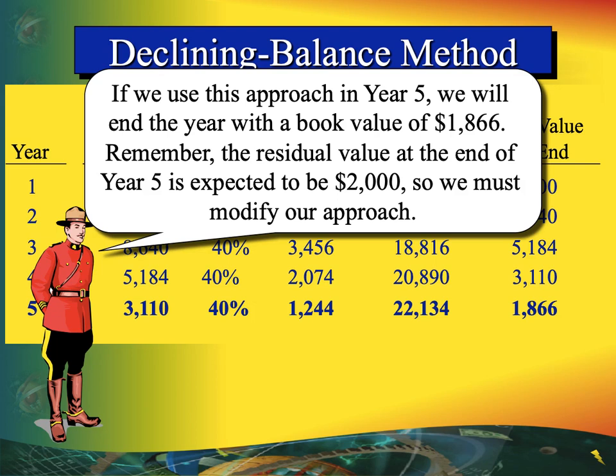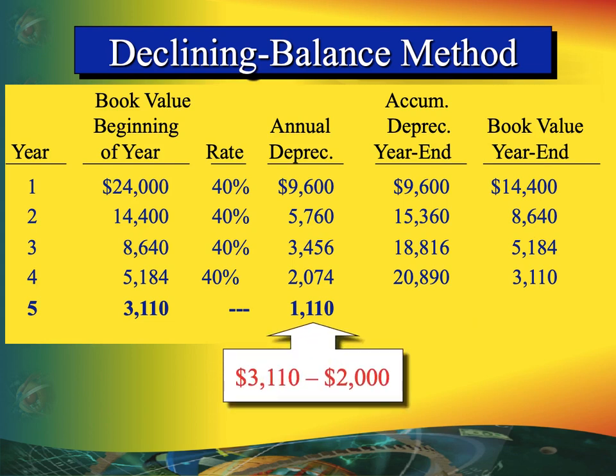At the end of year 5, we do not use the usual step, but we just put 3,110 here, and we don't have to calculate it with the rate.